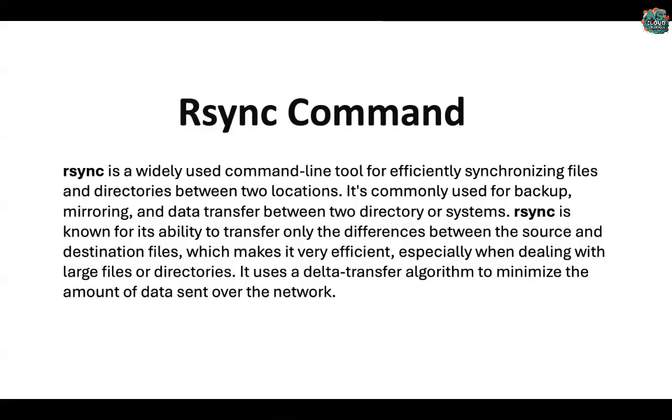But when you use rsync, the first time it will copy 100 GB. But when you run rsync again, it will sync only the files which are modified or updated. Means if there is no modification since the last sync, it will not do any transfer. It's very smart.